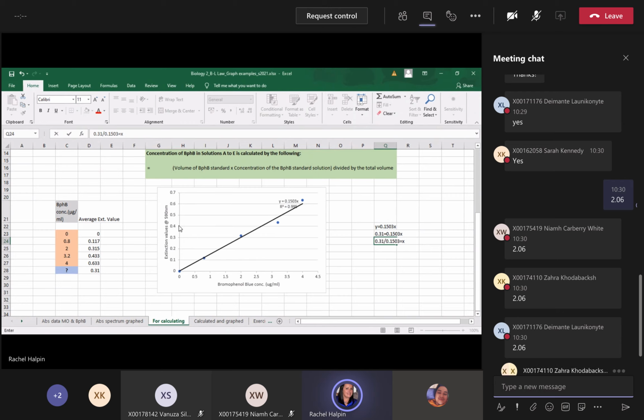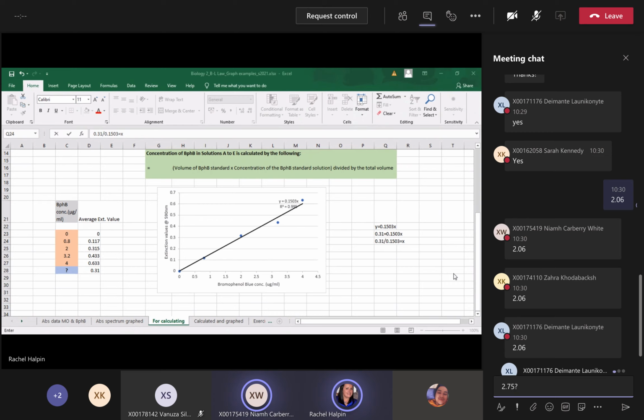So go up your y-axis to 0.4, go across to the trend line, and go down to the x-axis. What number do you think it would be for the bromophenol blue? 0.6 maybe? Yeah, in around that.